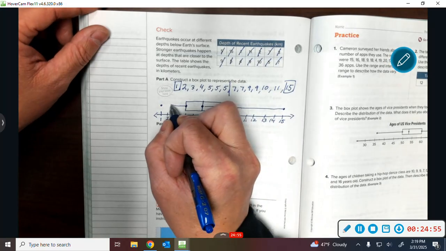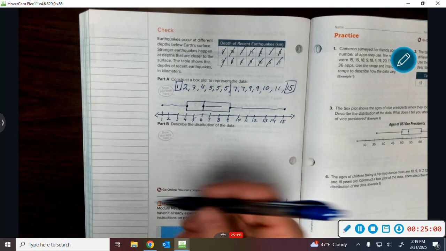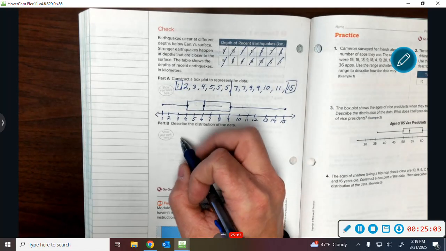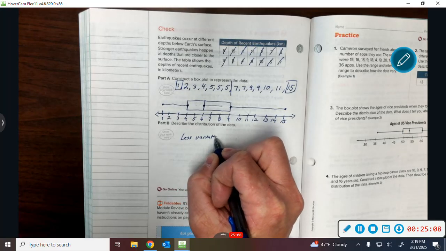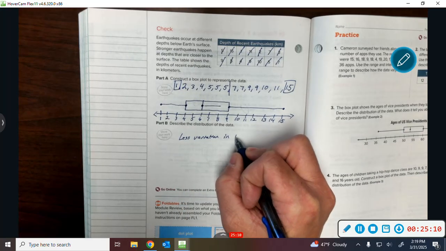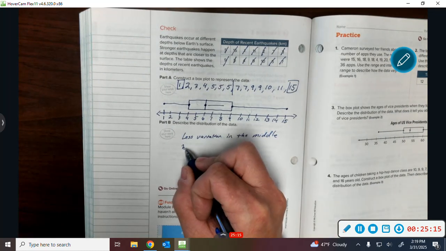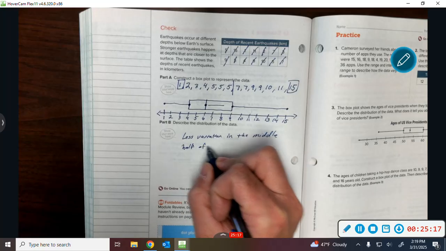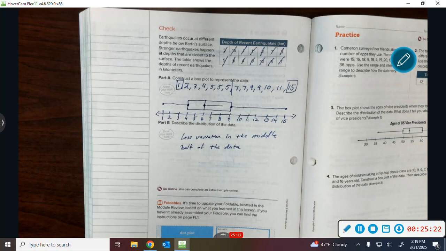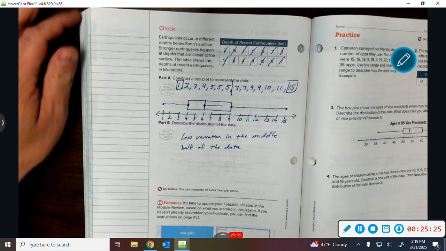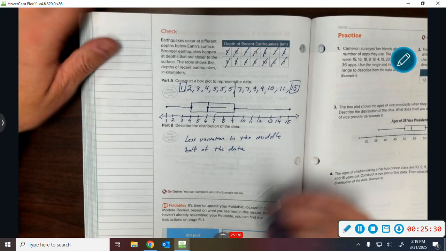Well, the whiskers are really spread out. So our whiskers are more spread out, so that means that there is less variation in the middle half of the data. And you could say there's more variation in this 25% of data.